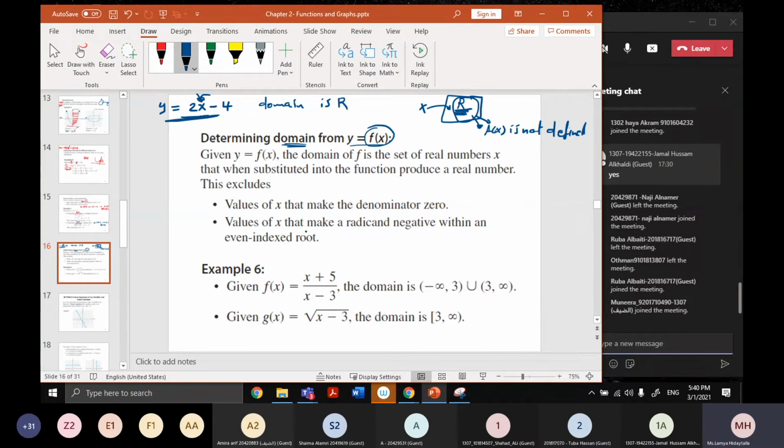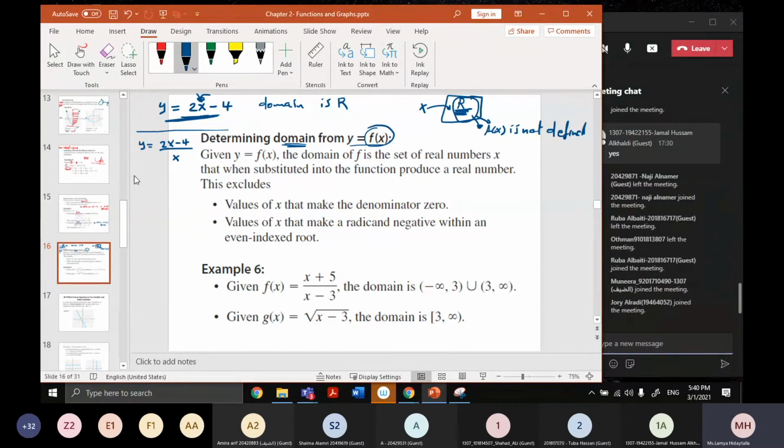Now, when will the function not be defined? Give me some examples where the function is not defined. For instance, if our function was y equals (2x minus 4) over x, is it defined everywhere? Is this function defined? No. In particular, not everywhere.